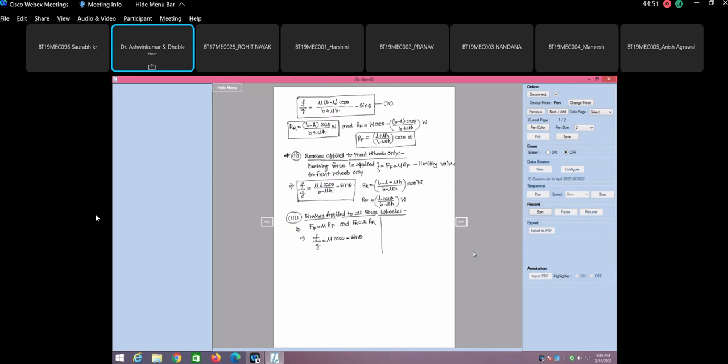Then RF comes out to be (mu H plus L) complete bracket cos theta divided by B, into W, and RR जो मिलेगा आपको वो मिलेगा (B minus L minus mu H) divided by B cos theta into W.